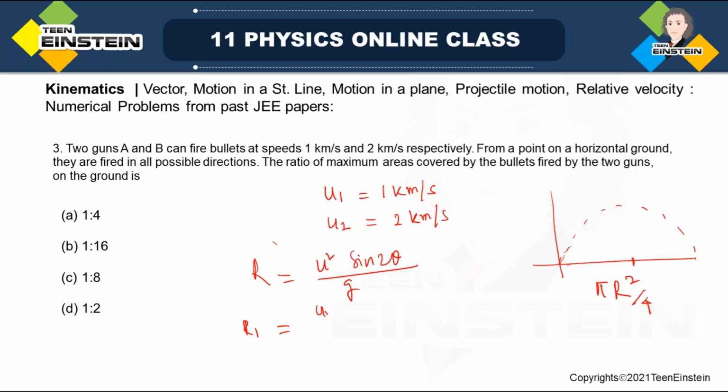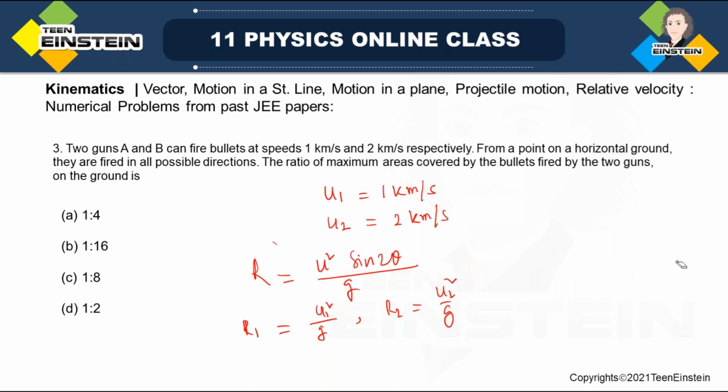R1 will be U1 square by G, and R2 will obviously be U2 square by G. These are the diameter kind of that you can find. You can just think of this as approximately circular.